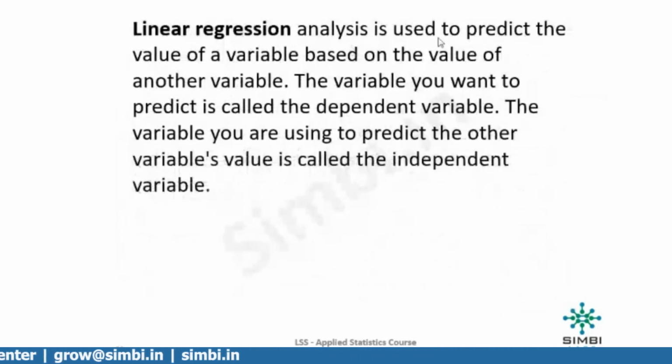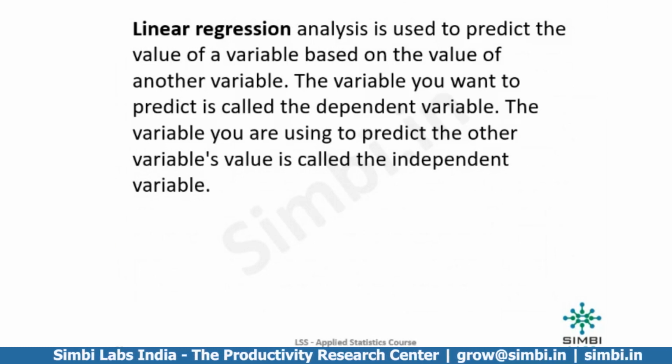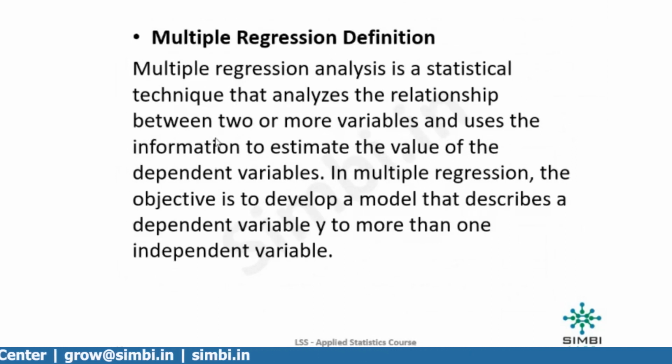Linear regression is used to predict the value of a variable based on the value of another variable, meaning only one variable is used to predict. Multiple regression means we can predict the values based on many independent variables.